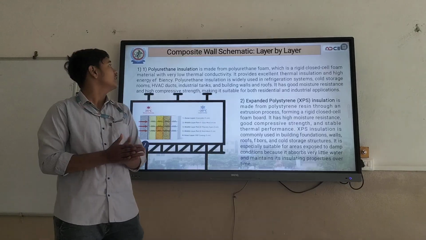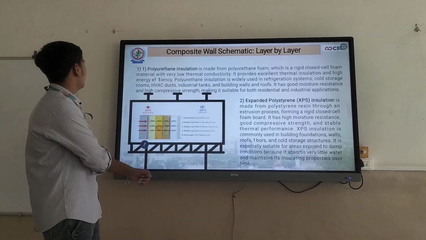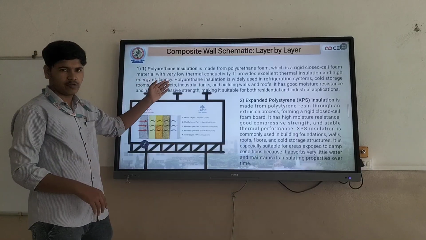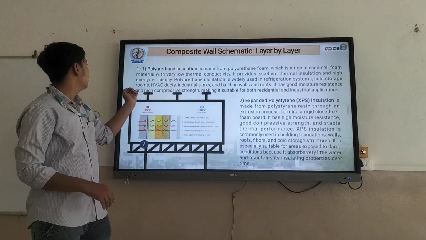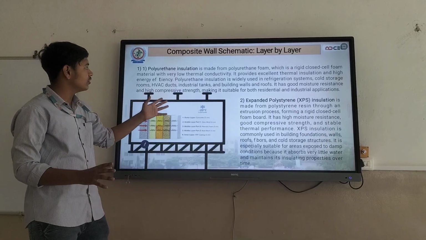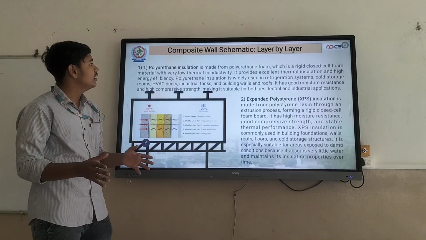Composite wall, layer by layer. Polyethylene insulation is made up of polyethylene, a rigid closed cell material with very low thermal conductivity, and it provides external thermal insulation.